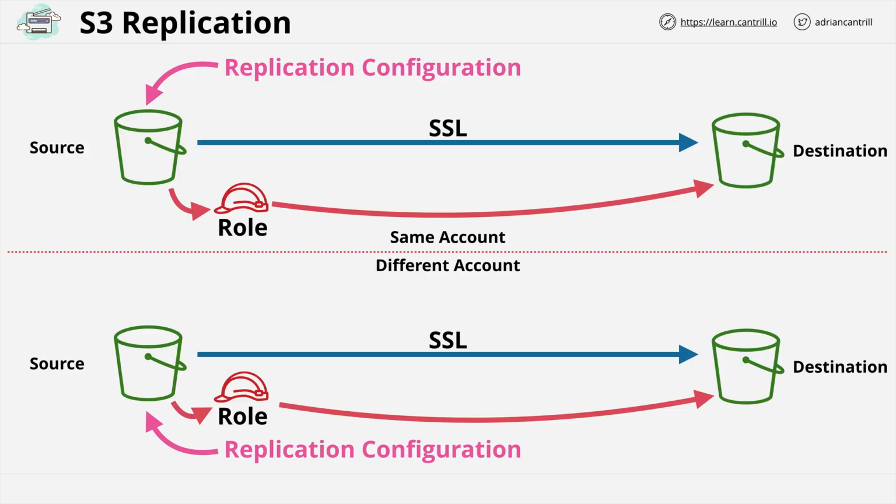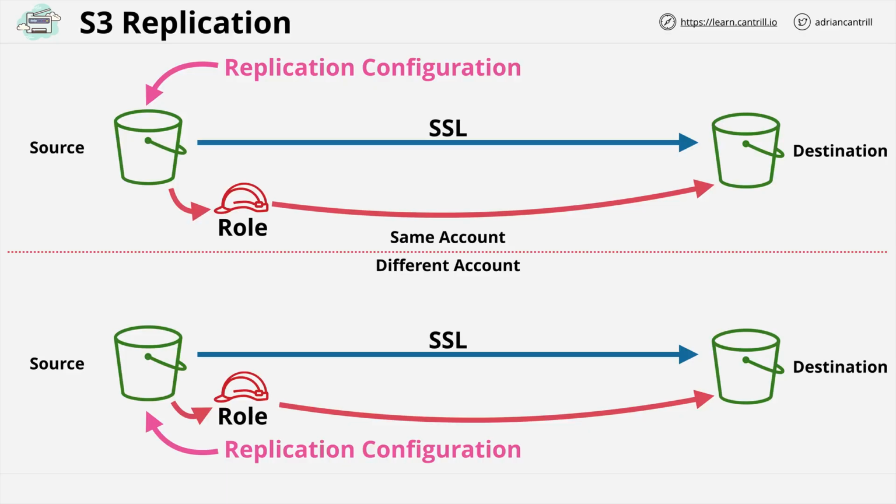For the same account, that means that the IAM role automatically has access to the source and the destination buckets as long as the role's permission policy grants that access. If you're configuring replication between different AWS accounts, though, that's not enough. The destination bucket, because it's in a different AWS account, doesn't trust the source account or the role that's used to replicate the bucket contents.